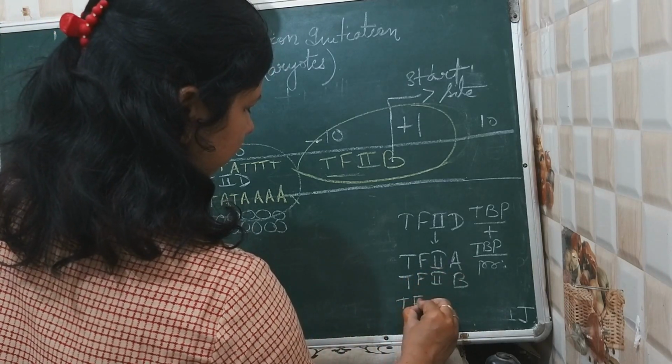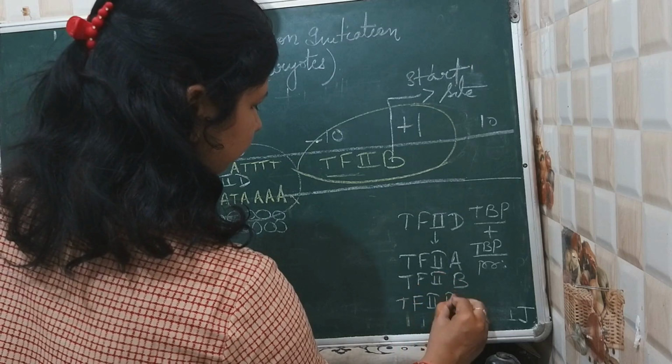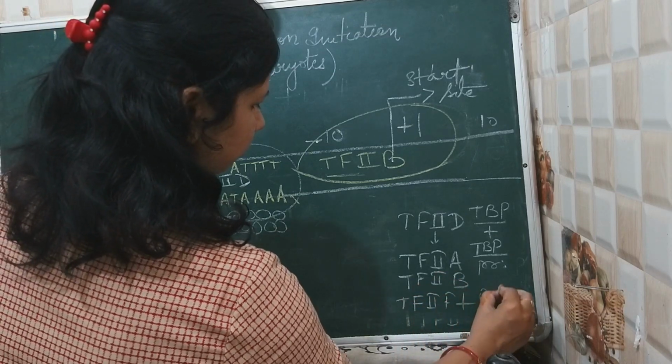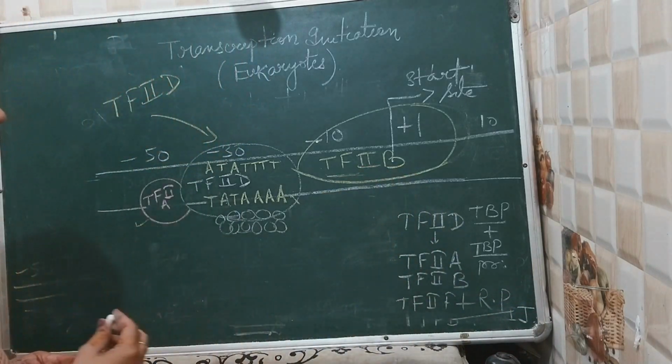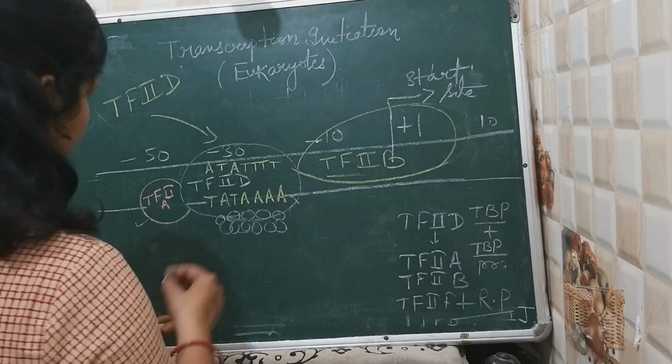and after that TF2F binds to or associates with the RNA polymerase 2.